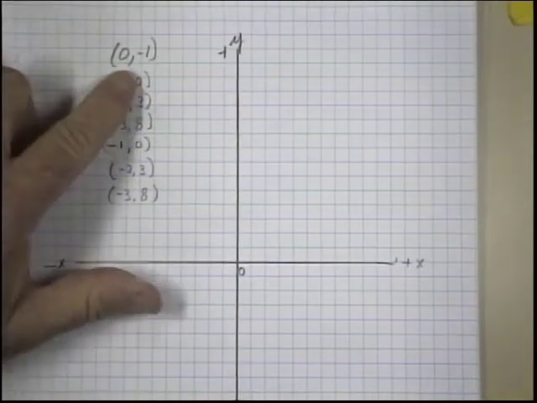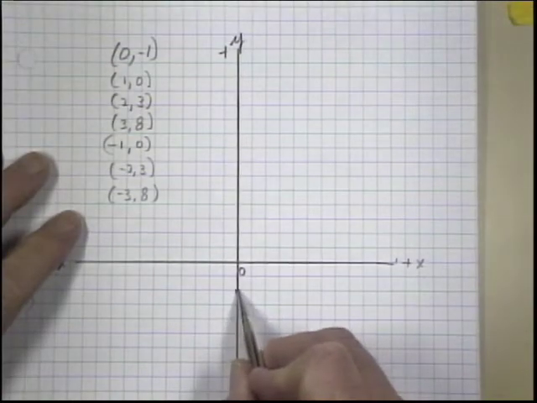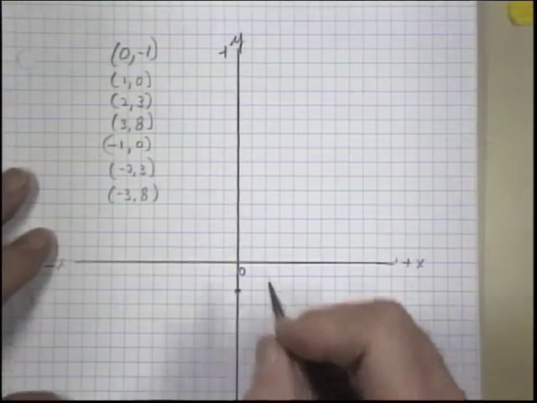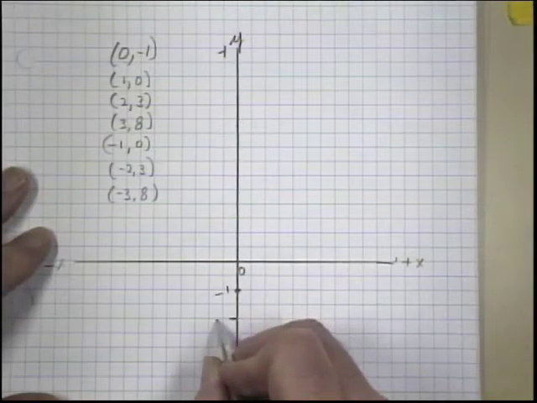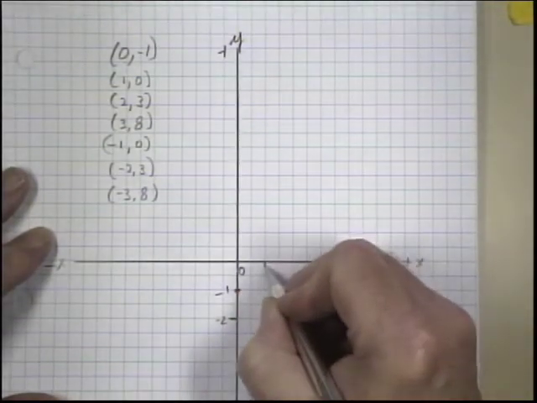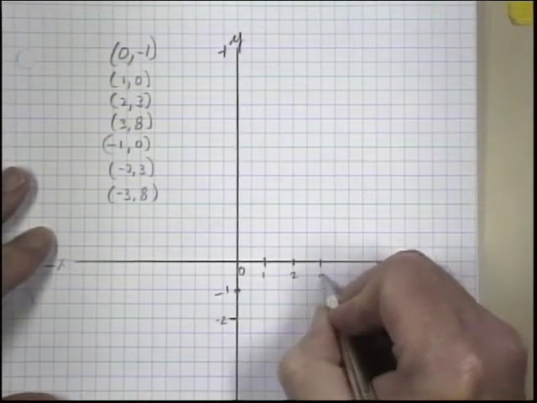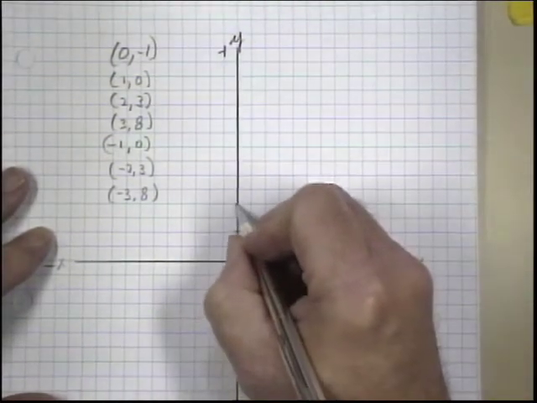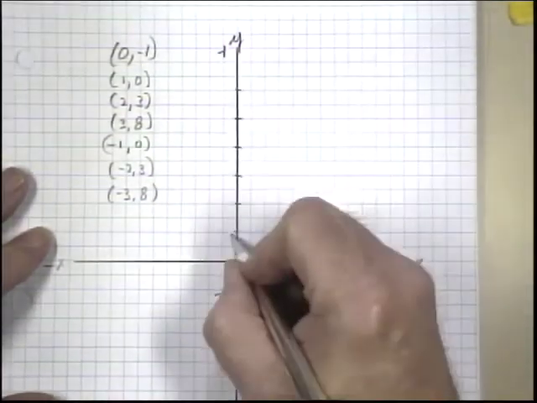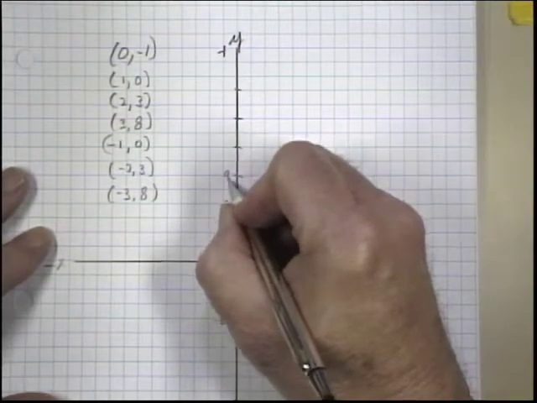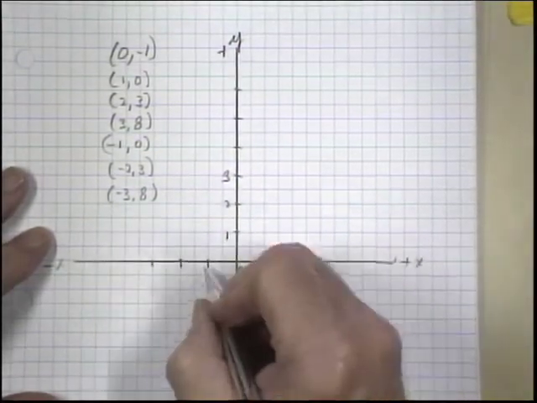So we have 0 for x, minus 1 for y would be down here. This would be minus 1, minus 2, positive 1, positive 2, 1, 2, 3, minus 1, minus 2, minus 3.